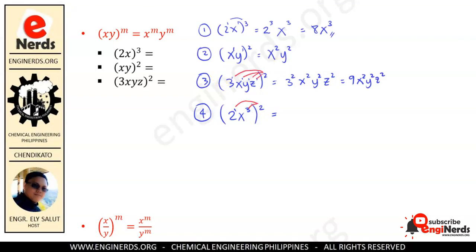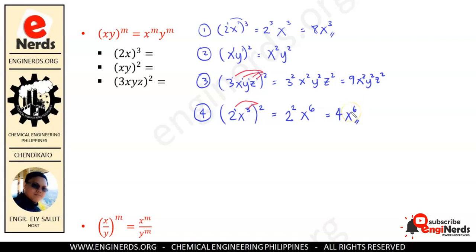So, what we'll have here is 2, and we multiply its exponent: 1 times 2 is equal to 2. Then x, we multiply its exponent: 3 times 2 is equal to 6. So, we'll have here 2 squared is equal to 4. Then, x to the 6.